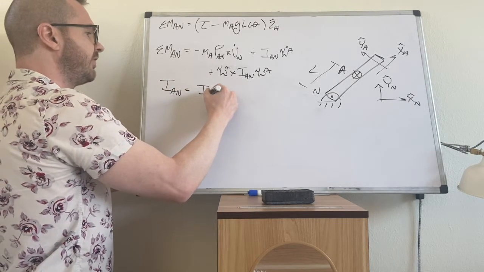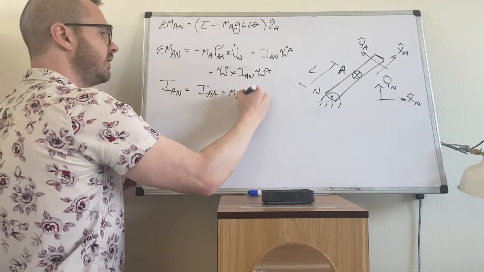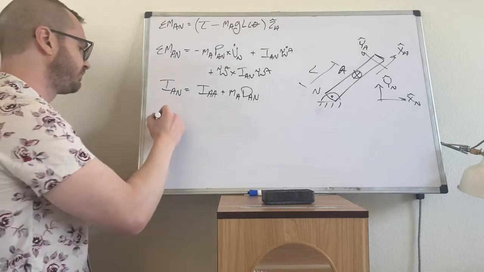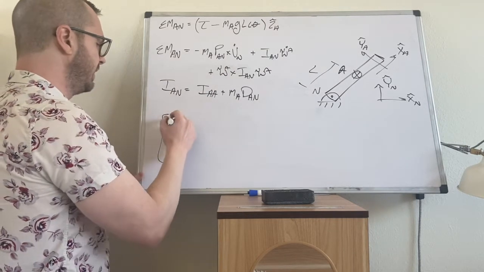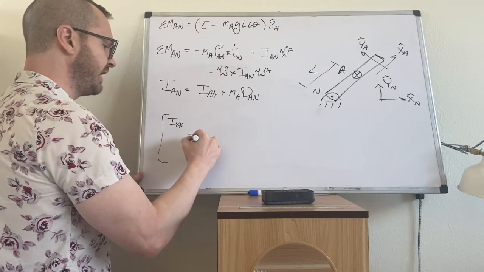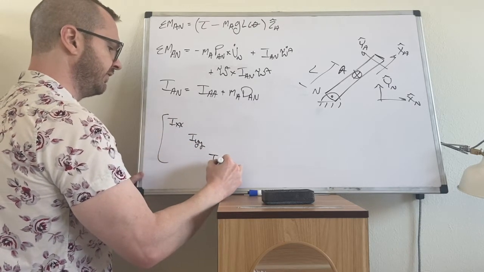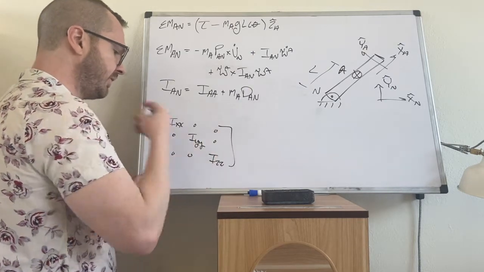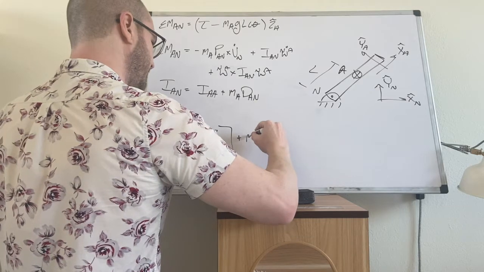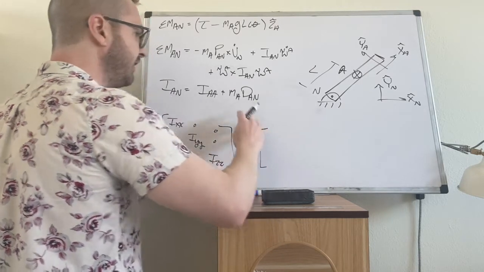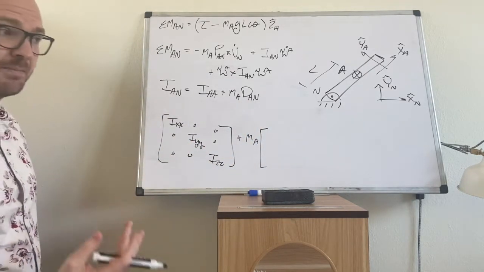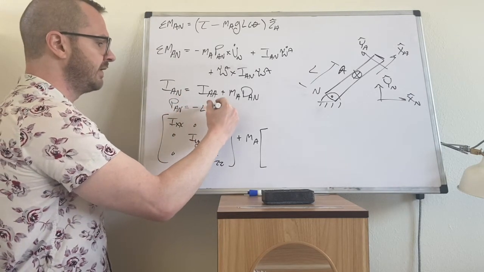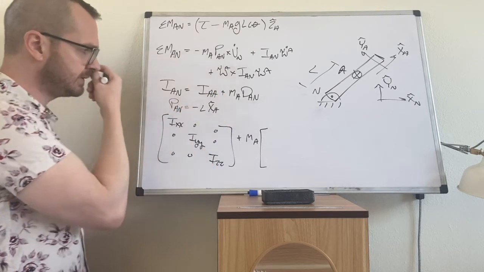IAN is going to come from the parallel axis theorem. So what we need is this displacement dyadic. The original matrix, IXX, IYY, IZZ, zeros on the off-diagonal terms, plus MA times the displacement dyadic from A to N. This is a function of the position vector from A to N, and that is negative L in the x hat A direction.